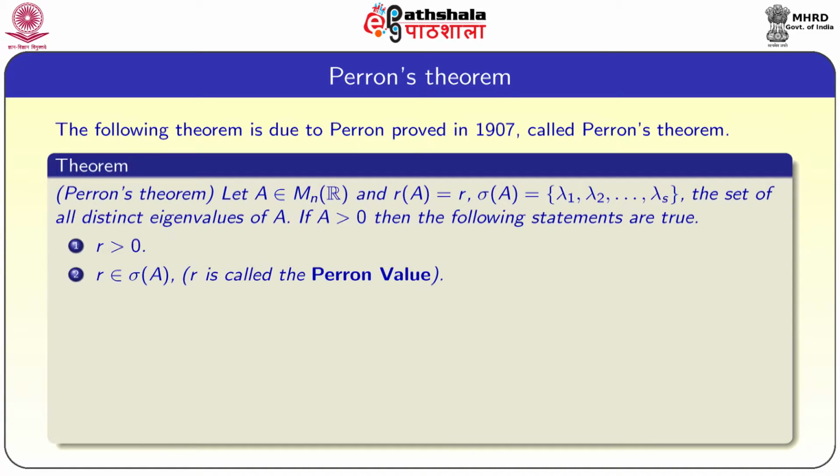So r is called the Perron value. r is a simple eigenvalue, that means its algebraic multiplicity is 1.